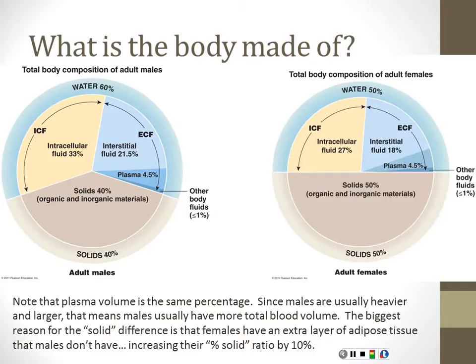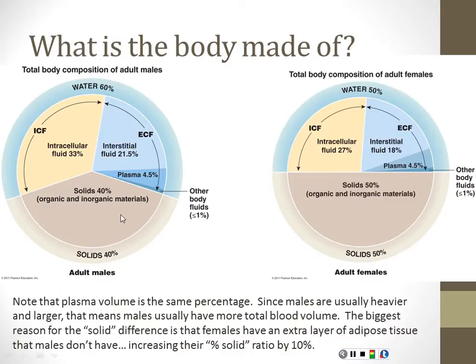Well, for males, it's about 60-40. For females, it's about 50-50, water and other stuff. Now, where is that water and other stuff? Well, it's distributed into two compartments. And this compartment model is particularly useful, so we're going to look at it in detail.